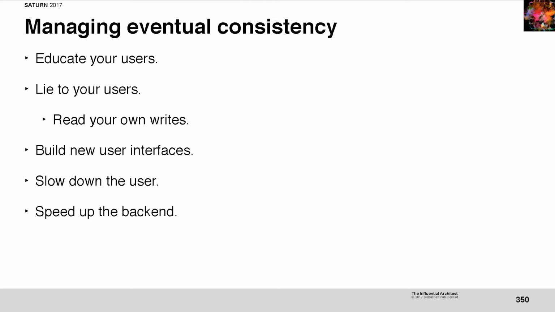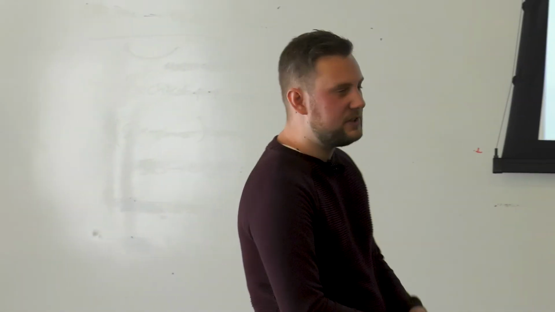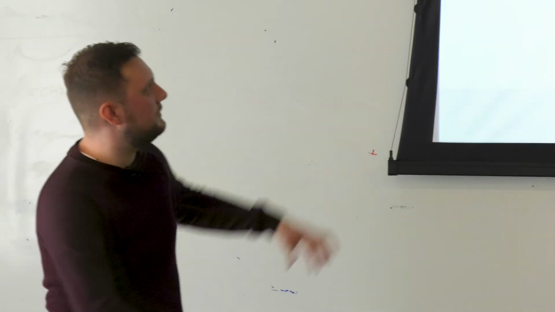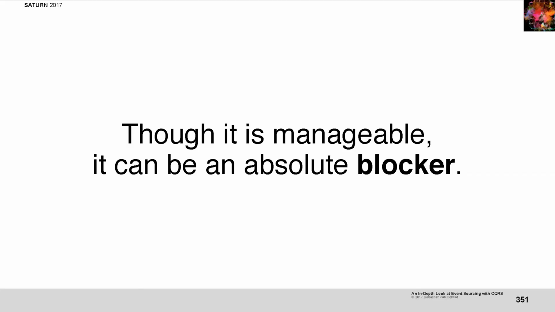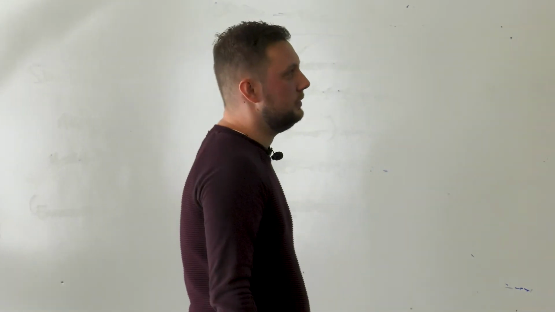Now, none of these are going to be appropriate for every single eventual consistency problem. But somewhere in here, a combination of these things will help you manage it. But even though it is manageable, this can be an absolute blocker for a lot of people. So don't underestimate the complexity and the danger and the challenges that come with placing eventual consistency as a top-level concern.